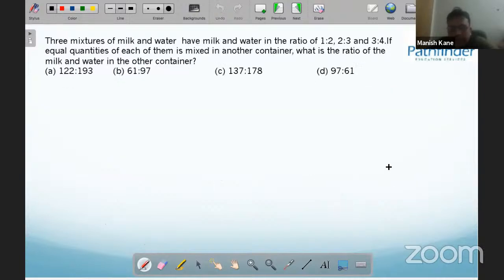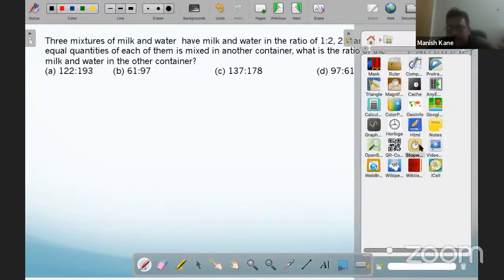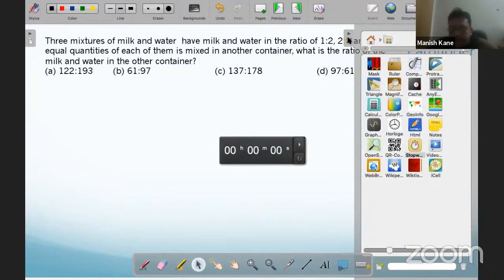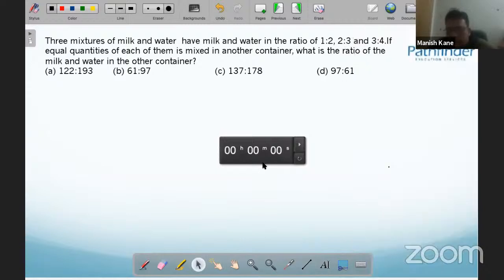And that should bring us, I think, to the last question of the day. Let's see how many of you are able to solve it. Once again, I will give you 2 minutes. All right, solve.